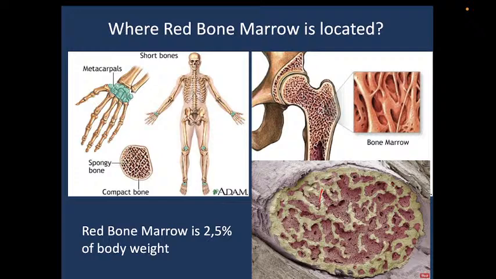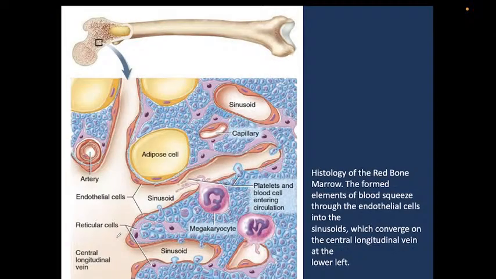Here, this is the bone tissue. It is yellow. Between the bones, we see red tissue, and this is the red bone marrow. And usually 2 to 5% of body weight is the weight of the red bone marrow.